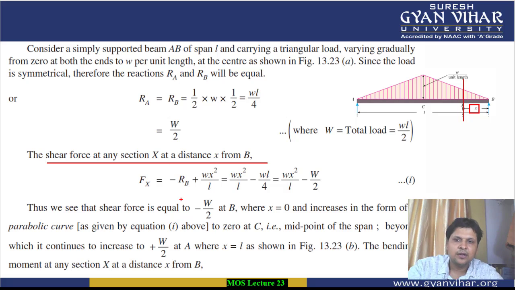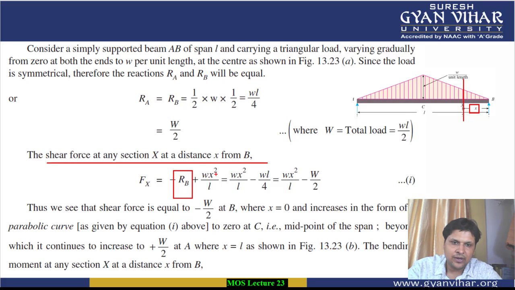One of the unbalanced forces, which is going upwards, is the reaction at B, and we consider it as minus because the forces going upwards to the right of the section are taken as negative. So minus RB plus Wx square by L.